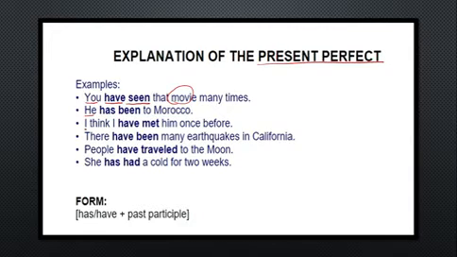For the next one, it says, I think I have met him once before, and it talks about someone that you know, that you met at a party or in a place, someone that you knew or that you met once before.